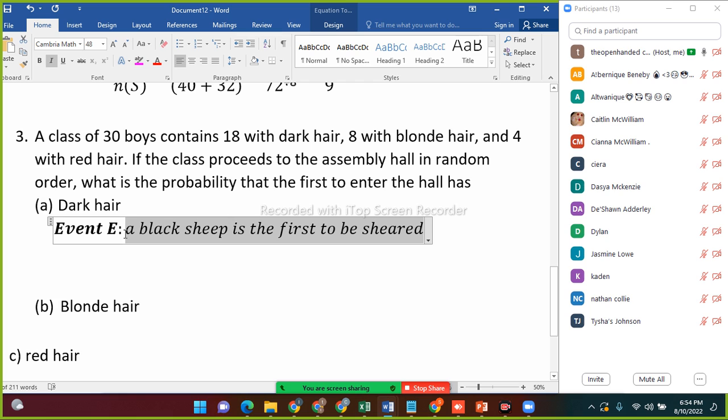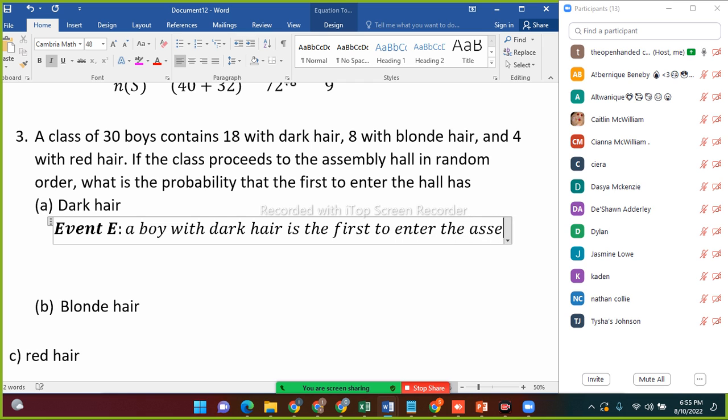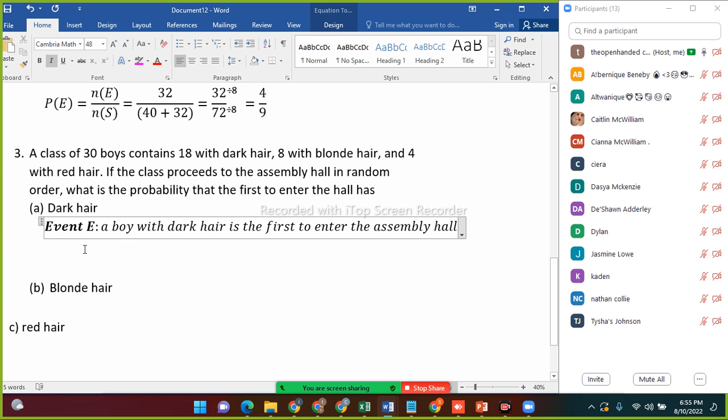The event would be a boy with dark hair is the first to enter the assembly hall. Okay, that should be good.